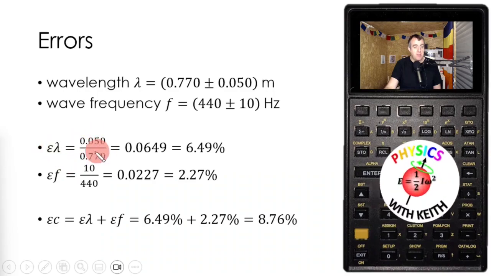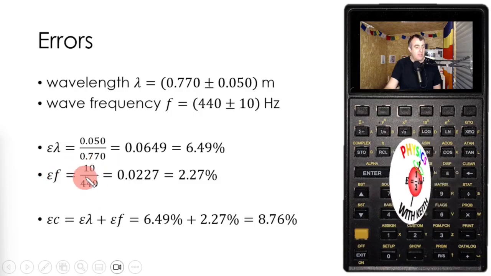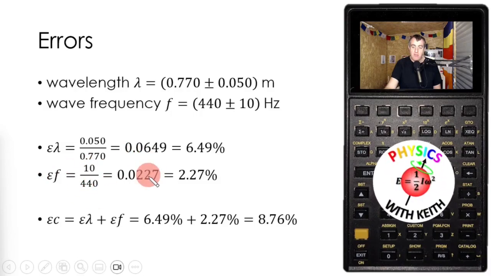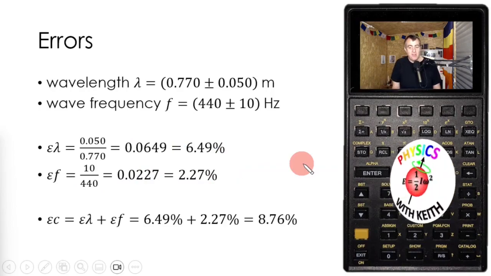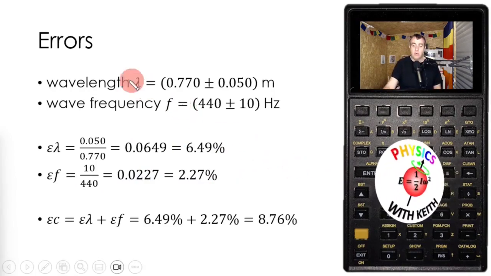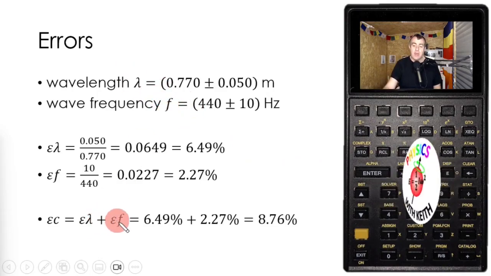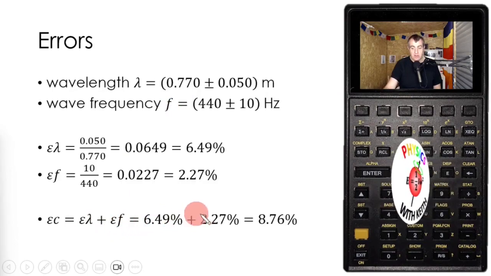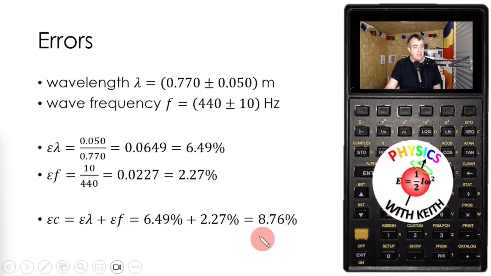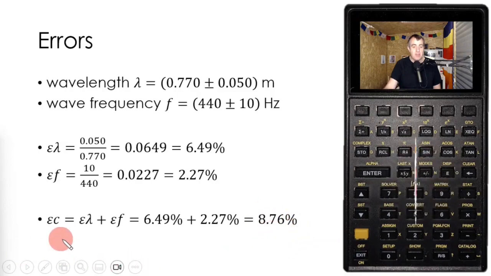Epsilon lambda means the relative uncertainty in lambda. Epsilon f means the relative uncertainty in f. There they are, and I've just converted them into percentages there just in case you found that easier to work in. Now, because we've multiplied or divided two quantities, in this case we've multiplied them, we add together the relative, or in this case percentage, uncertainties. So the percentage uncertainty of the wave speed is 8.76%.